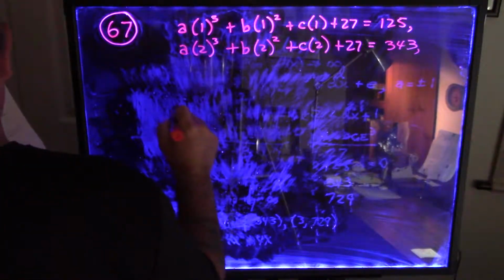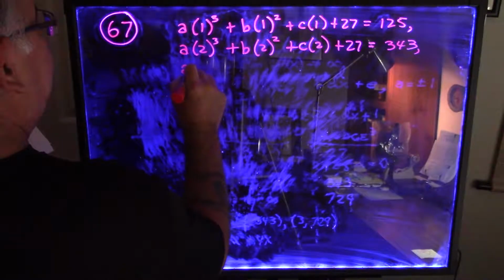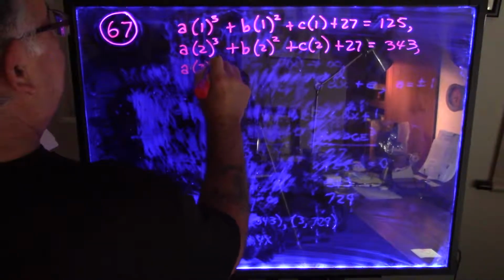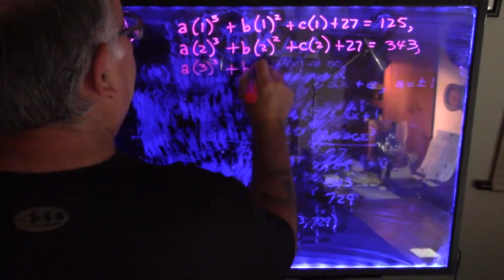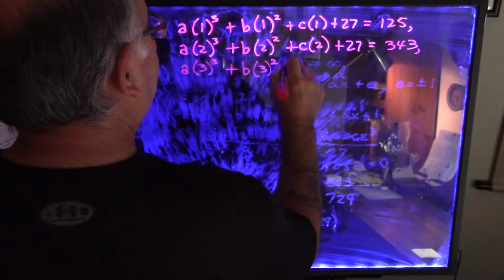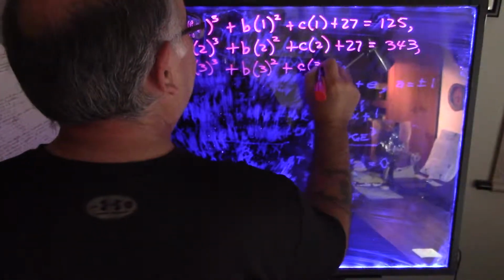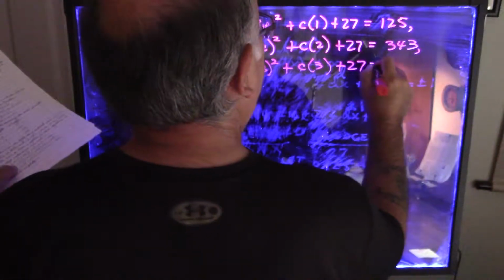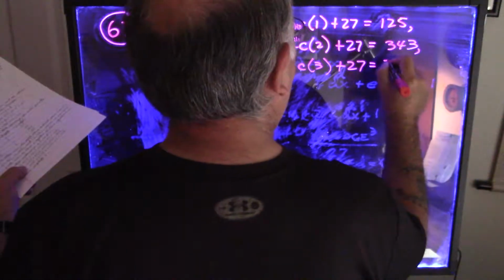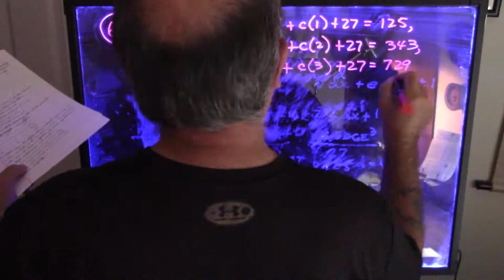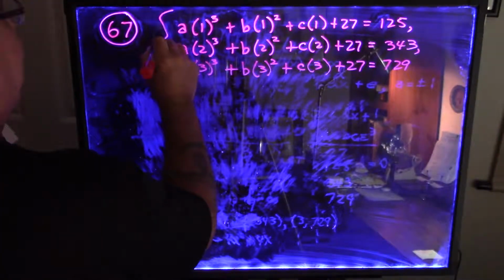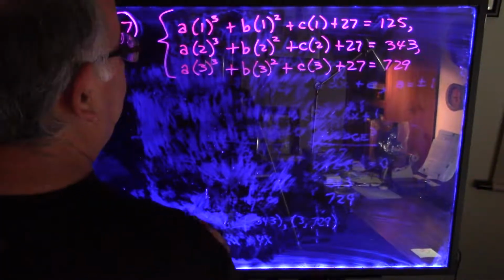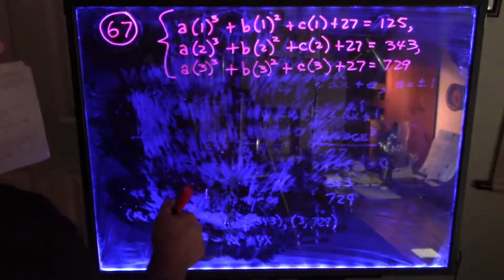One more, let m equal 3: a times 3 cubed plus b times 3 squared plus c times 3 plus 27 equals, and that was 729. So we have a system now of three equations and three unknowns, a, b, and c.